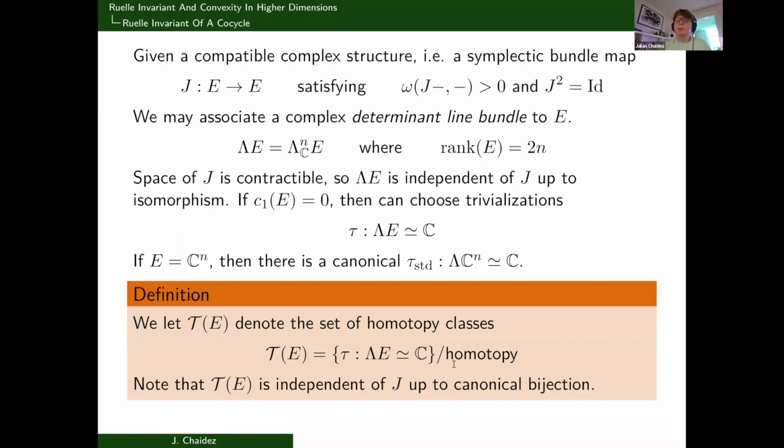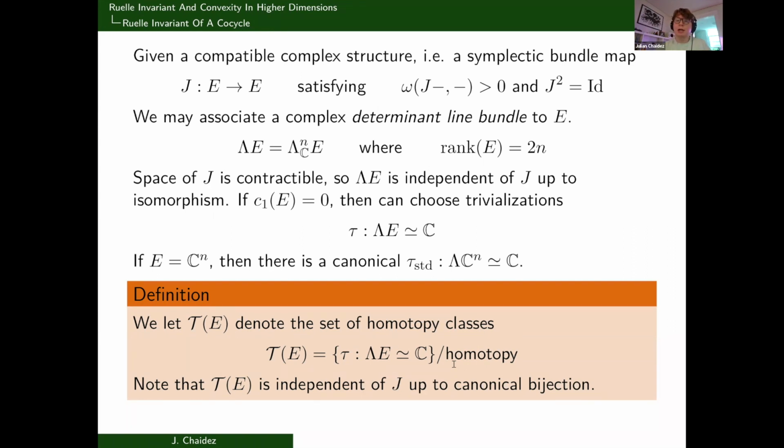So given a compatible complex structure J, for example, which is just a symplectic bundle map from E to itself, satisfying its usual identities, given that choice, you can associate a complex determinant line bundle to E. So that's just the nth wedge power of E as a complex vector bundle, where the real rank of E is of course 2n. So the space of J is contractible.